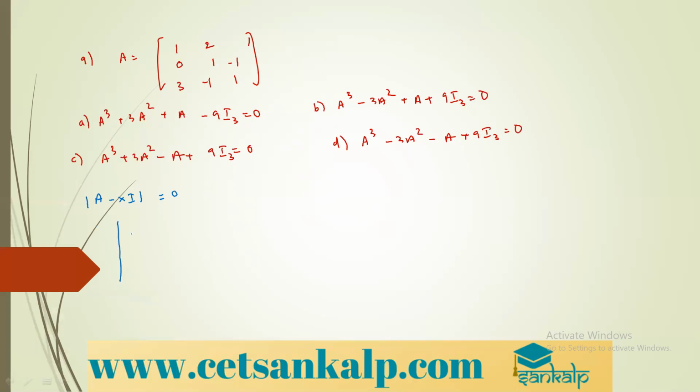So A minus xI has entries 1 minus x, 2, 1, 0, 1 minus x, minus 1, 3, minus 1, 1 minus x. This I set equal to 0.